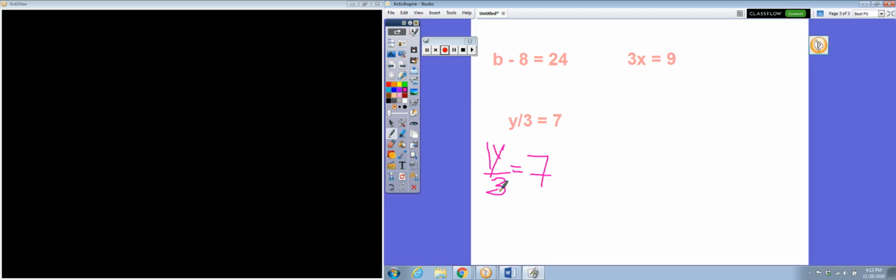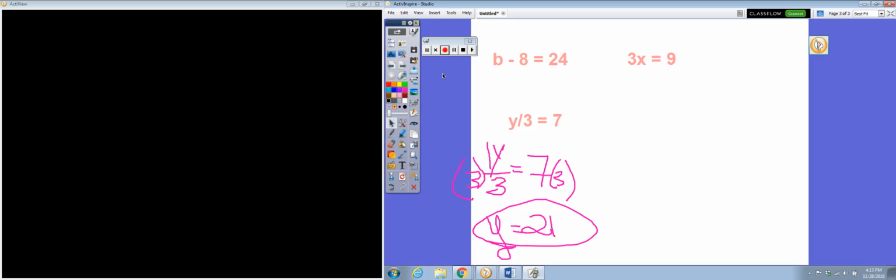So I need to get rid of this 3 by multiplying. So I'm going to multiply both sides by 3. So y equals 21. And if we check it, 21 divided by 3 is in fact 7. So that see-do table is really, really important for you to remember.